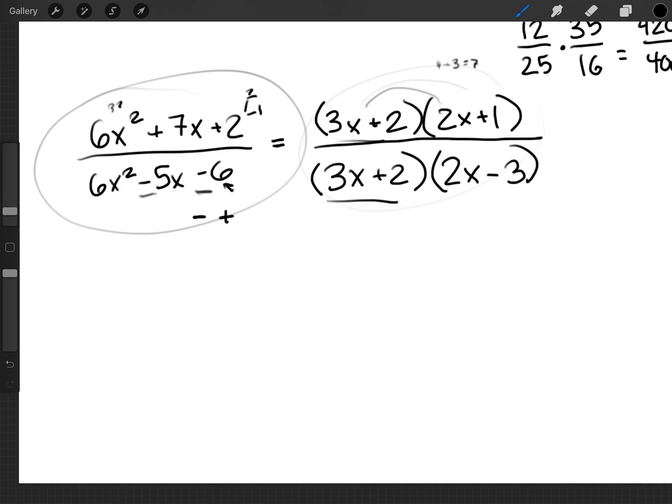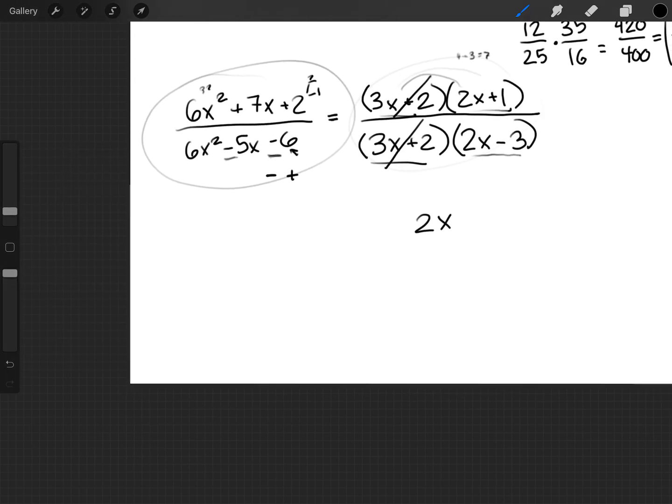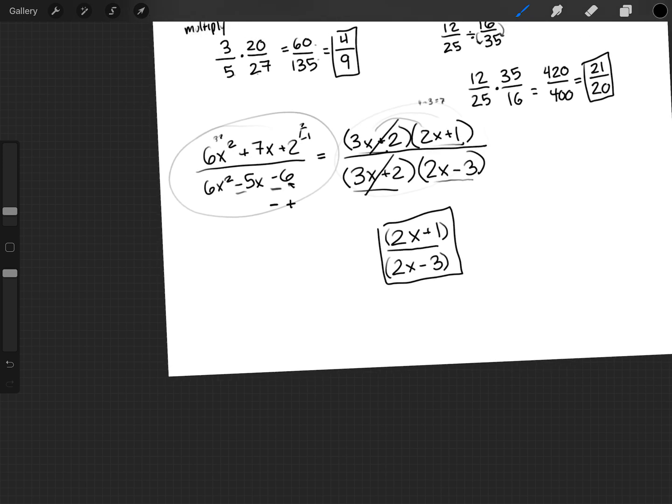So this is the same as this, which means they cancel out. And so you're left with 2x plus 1 over 2x minus 3. And because these are both their own terms, you cannot take anything out of that.